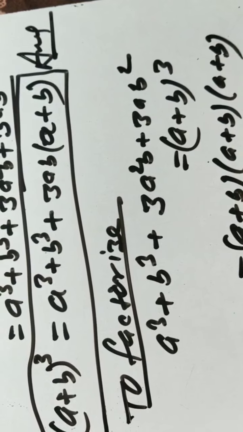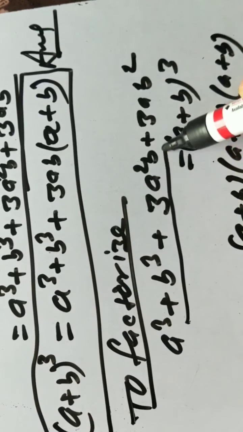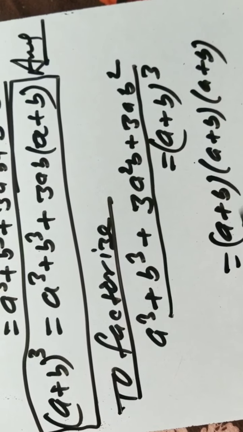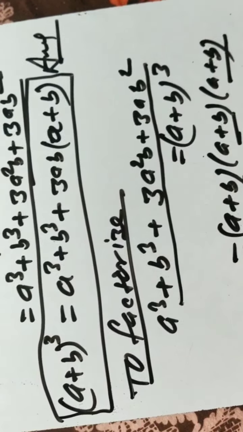This is the factorization of a³ + b³ + 3a²b + 3ab². Its factorization will be (a + b)(a + b)(a + b).